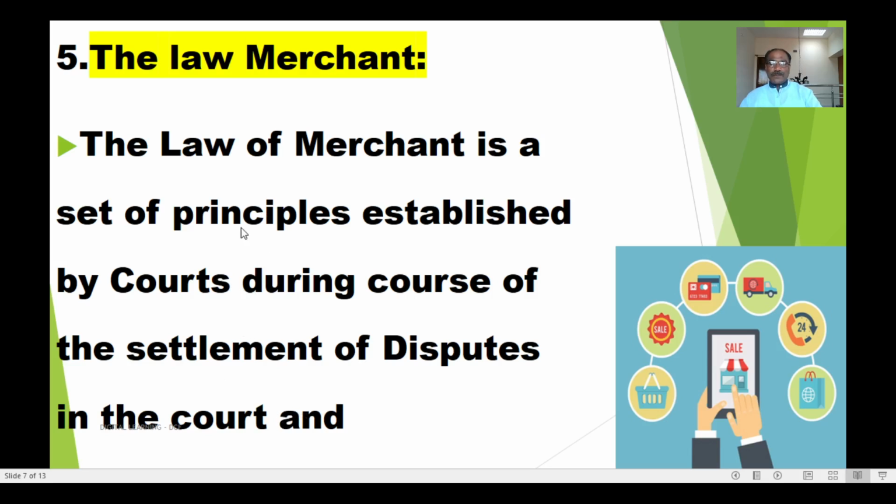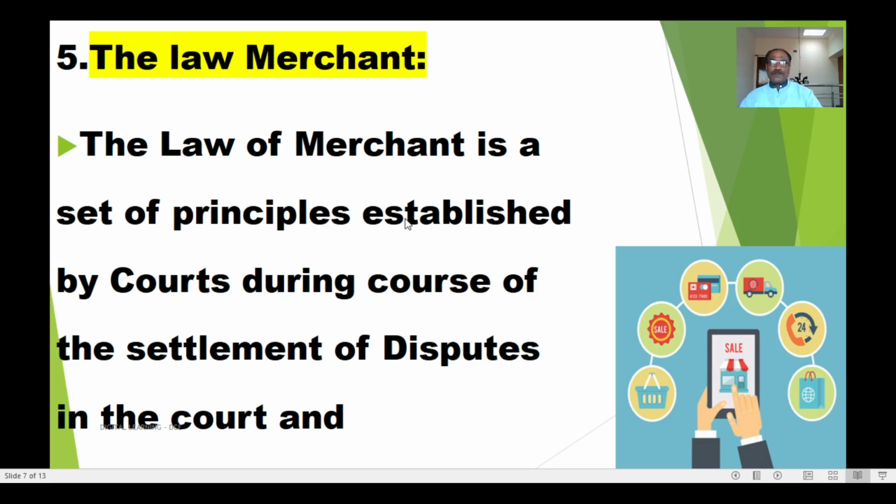Meaning, when the judges in court settle disputes and dispense cases, they observe some important points, and keeping those in mind, they prepare a set of principles.